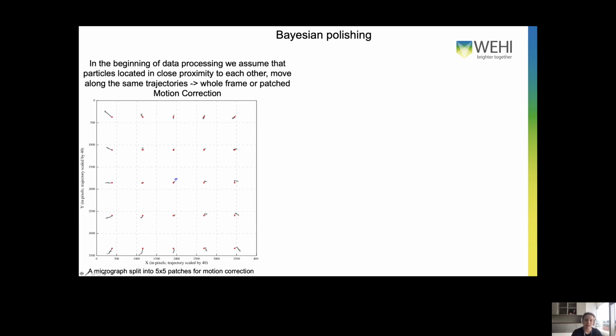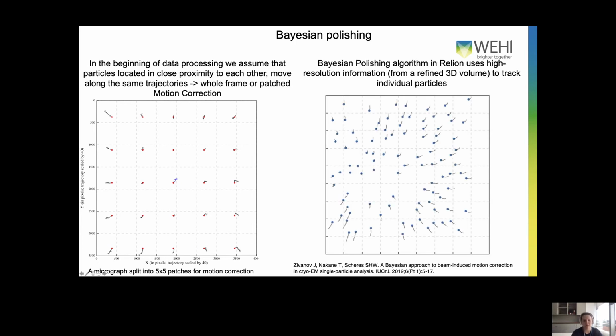However, once we get to the high resolution, once we get high resolution information, for example, once we get to the refined 3D stage, we can actually track individual particles in the micrograph. So we go back to the raw movies and then look for our volumes that we reconstructed during our refined 3D run.